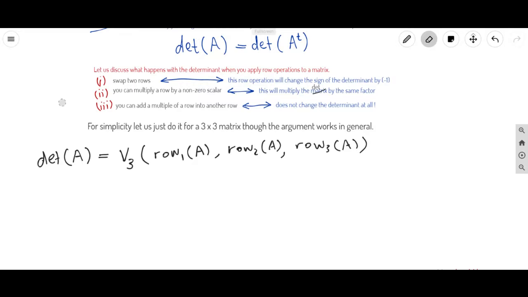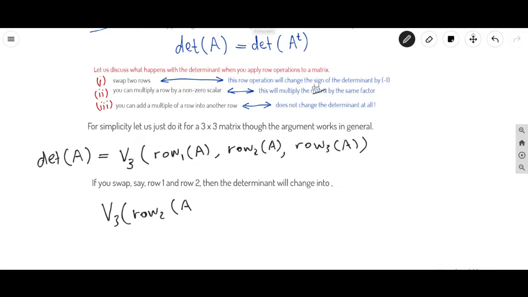Now, let's see what happens if you swap two rows. So if you swap, say, row 1 and row 2, then the determinant changes as follows. You're going to have the oriented volume of row 2, row 1, and then row 3. But now you have to recall the alternating property.